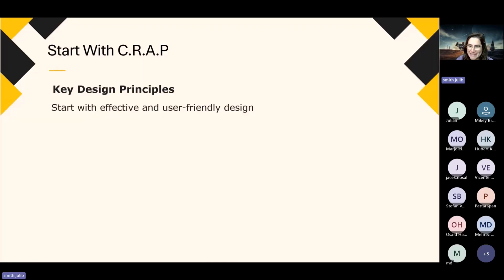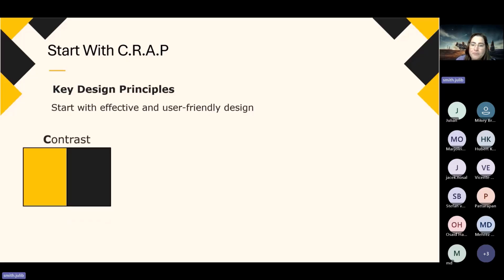These design principles, CRAP, support accessibility because they embed clarity and structure into visual communication from the outset. Let's start with C for contrast. When we apply contrast, we ensure that key elements stand out, and that aids our users with visual or even cognitive impairments to better understand what we have.